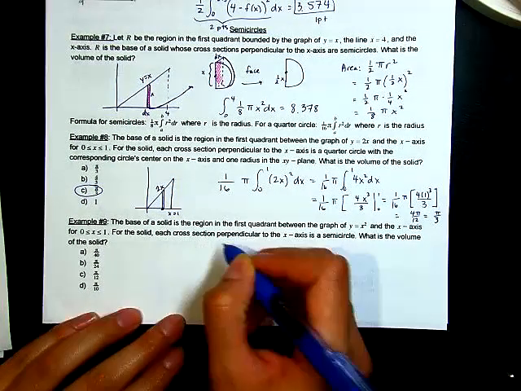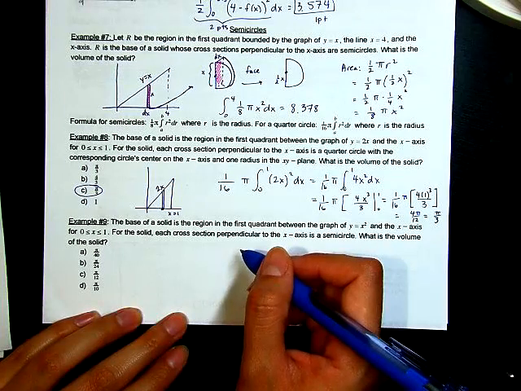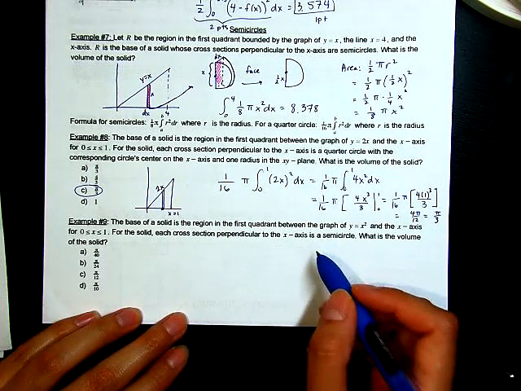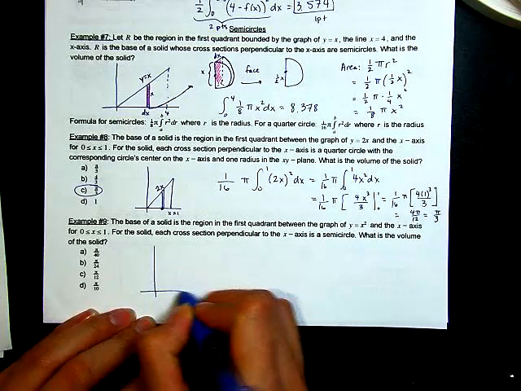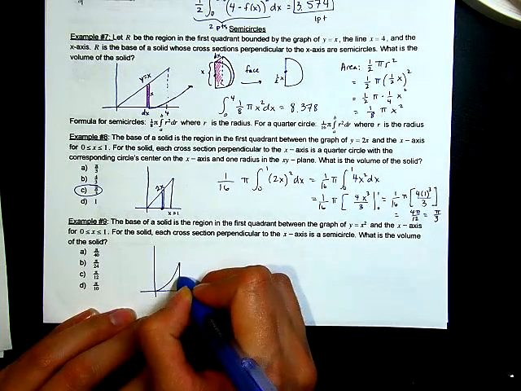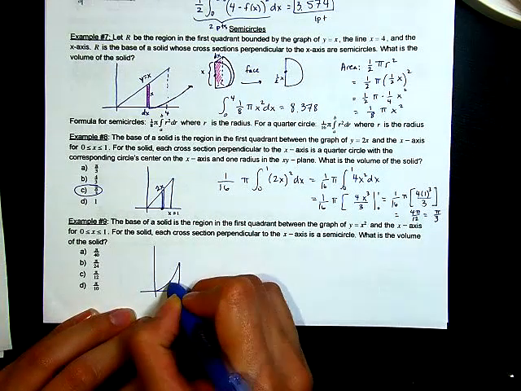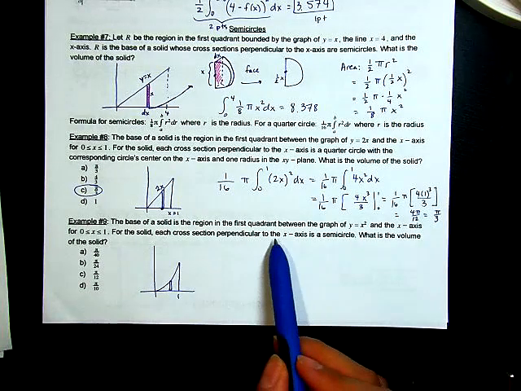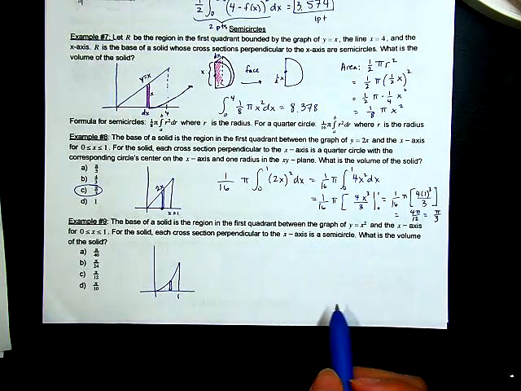All right, so in the first quadrant, we have x squared between 0 and 1. So this time, the cross-section perpendicular is a semicircle.